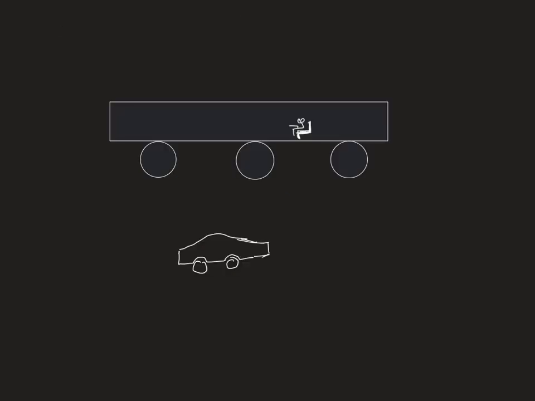So this is a question here. Let's say we have a train. You can see a train, 3 wheels, that's the train. It is moving at 70 kmph forward towards east, let's say. And we have a car moving at 50 kmph, same direction, parallel to the train. And there is a person inside this train, and the question relates to the person.